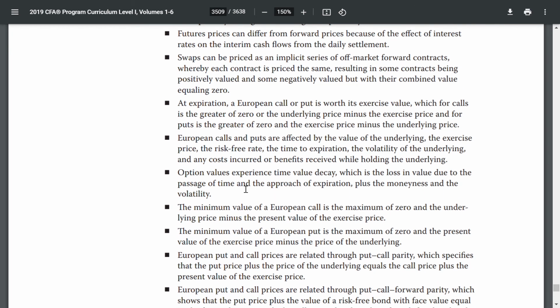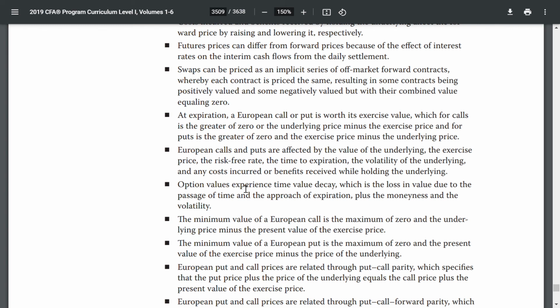Swaps can be priced as an implicit series of off-market forward contracts whereby each contract is priced the same, resulting in some contracts being positively valued and some negatively valued, such that their combined value equals zero. At expiration, a European call or put is worth its exercise value, which for a call is the greater of zero or the underlying price minus the exercise price, and for a put the greater of zero or the exercise price minus the underlying price.